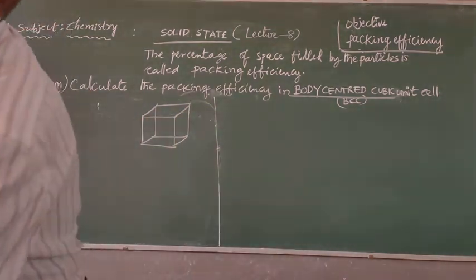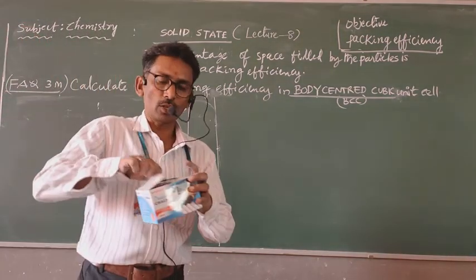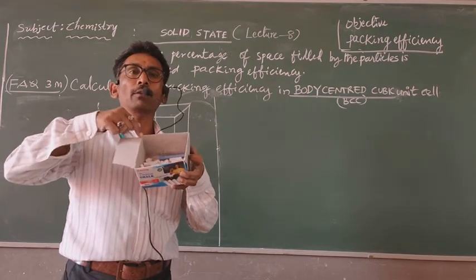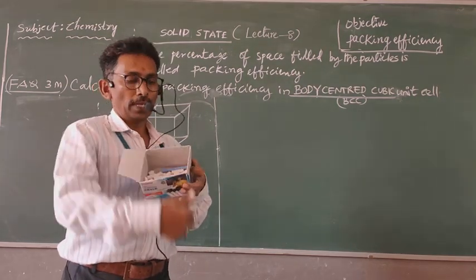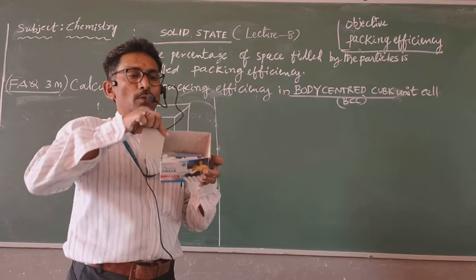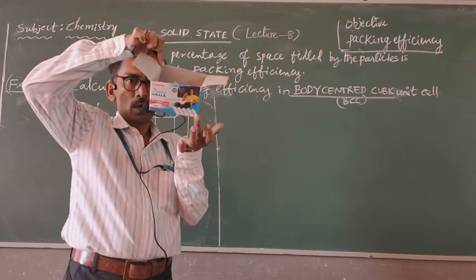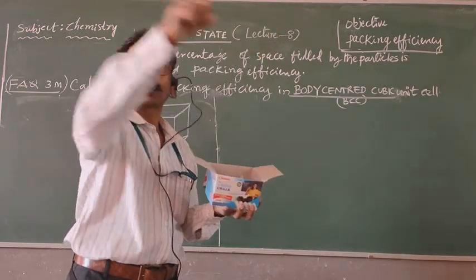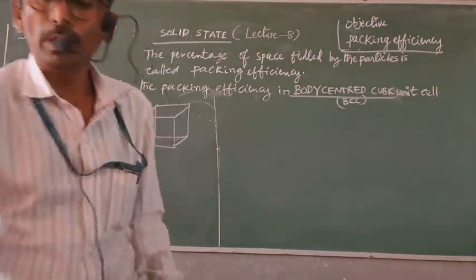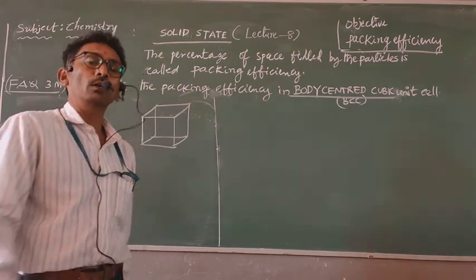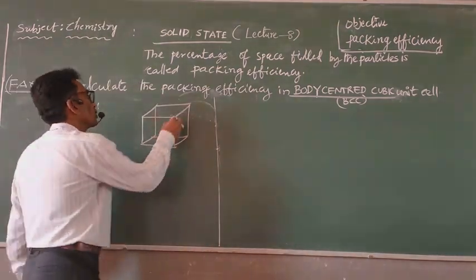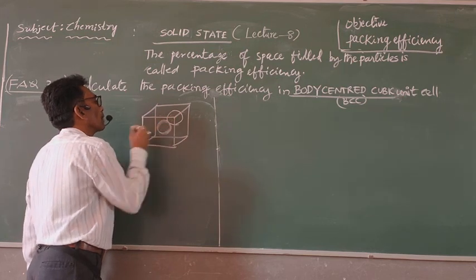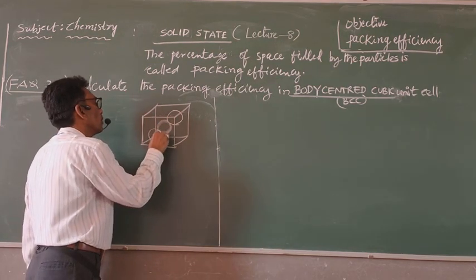And how are the particles arranged? The particles are arranged like this. Just watch here. This is a corner and this is the center of the cube, and this is the opposite corner. See here, these two are opposite corners, and in between the corners is the center of the cube. So this is a corner of the cube, this is the middle of the cube, that is body centered, and this is the opposite corner.